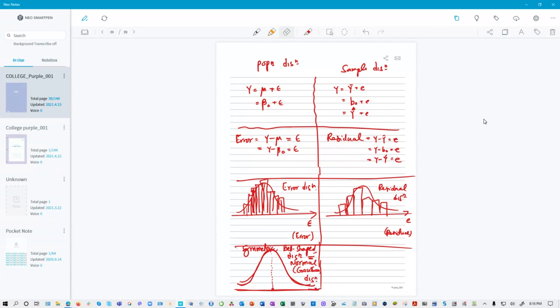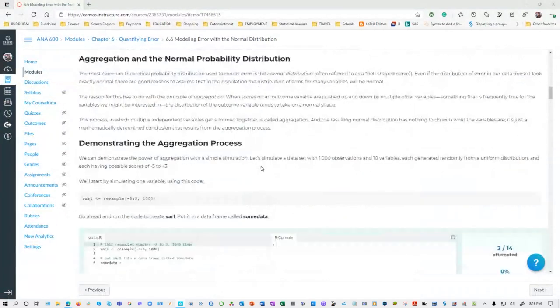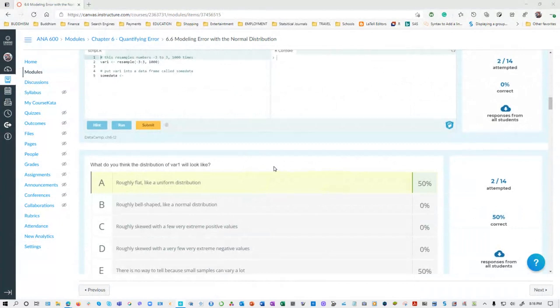This is for the error, epsilon. For epsilon, we know that its mean is 0. That's what they are trying to explain through this.